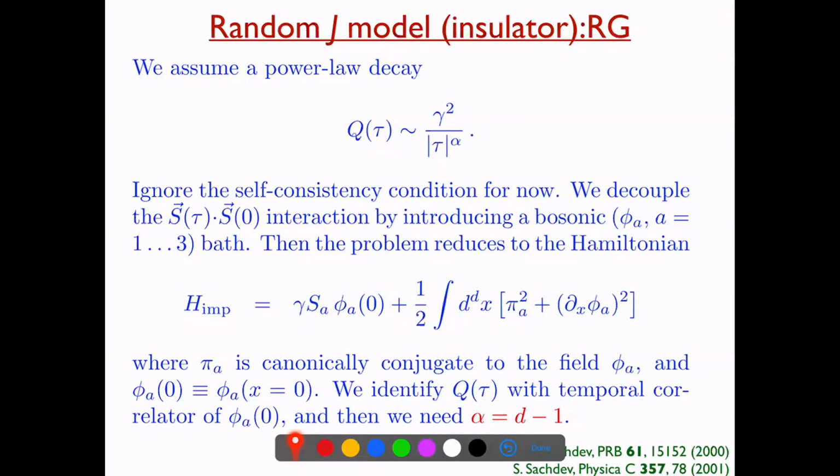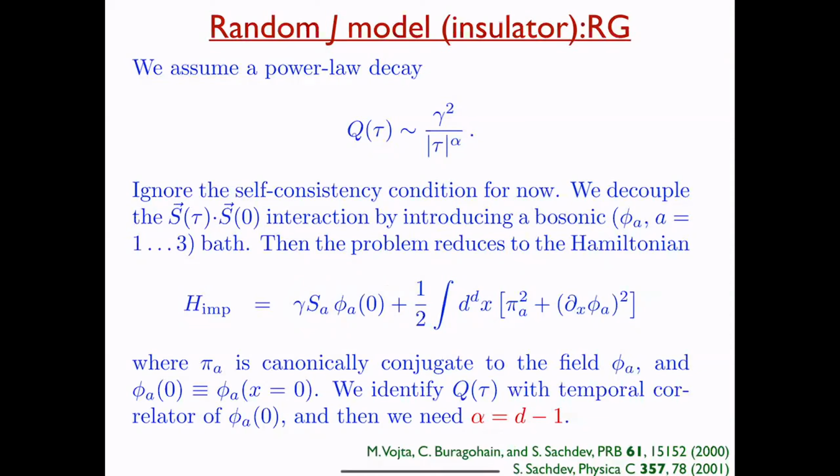And that Bose field lives in D spatial dimensions, where the spin is at the origin. And there's some exchange coupling between the spin and the free Bose field in D dimensions. And then you can see that you reproduce the original problem with this exponent alpha, provided you choose alpha equals D minus 1. That just follows from the nature of the correlation function of a free relativistic Bose field in D dimensions. Okay, so this is the Bose-Kondo problem.